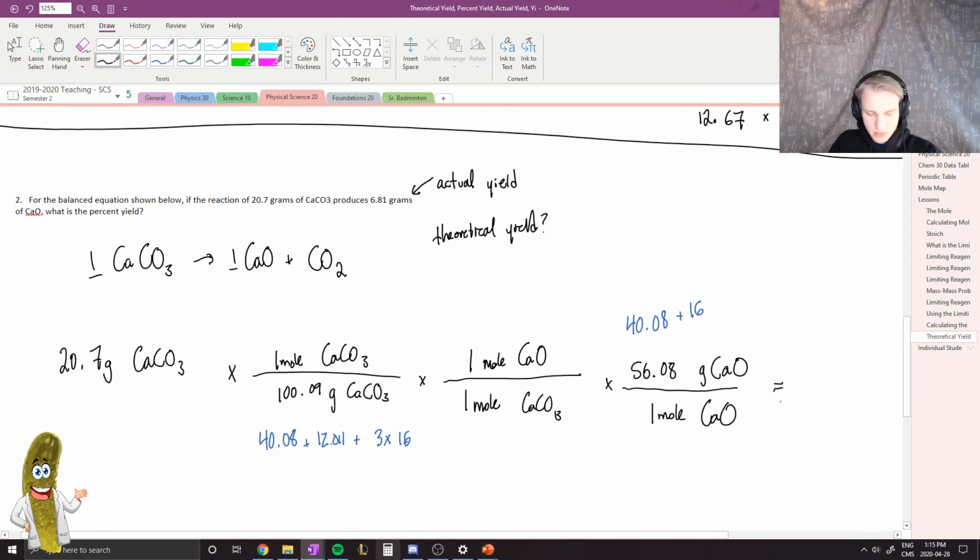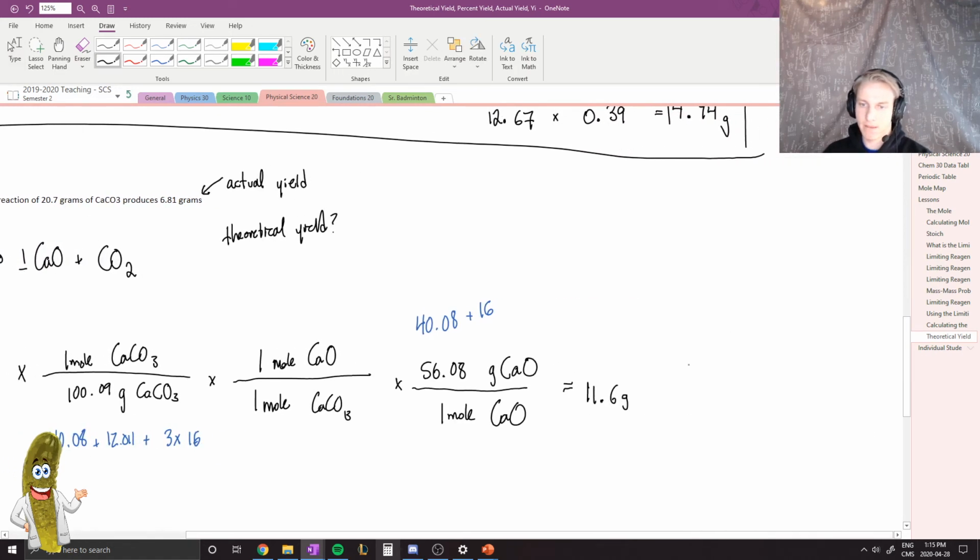Plugging all of that into your calculator, 20.7 divided by 100.09 times 56.08, you get 11.6 grams of CaO. And so this then is your theoretical yield.